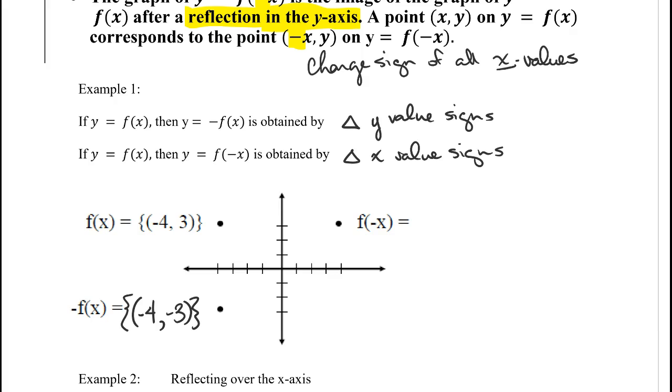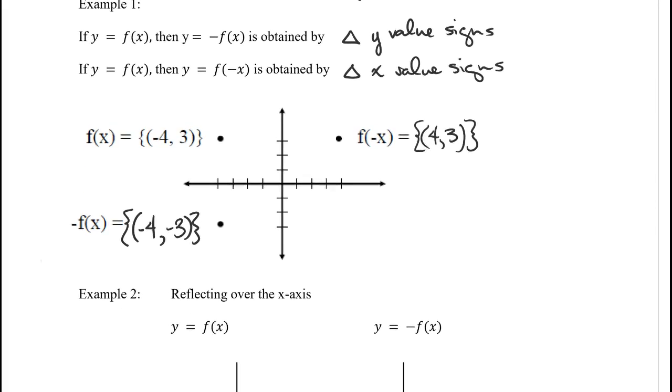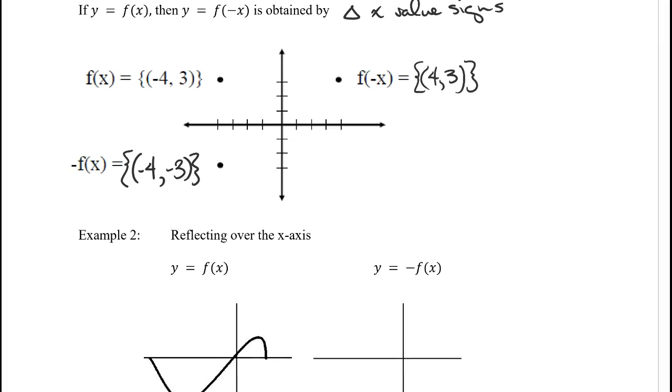Conversely, if we put that negative inside, then I'm only affecting the inside of the function. My outputs should match something that already exists. So when I go to write my coordinate points, I'm going to change the sign of my x value. So -4 becomes +4. My y value stays true to my original parent function. Okay. So that's how that works in a nutshell. And we can see how it reflects over the y-axis.